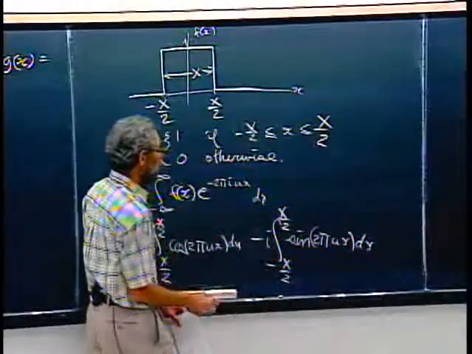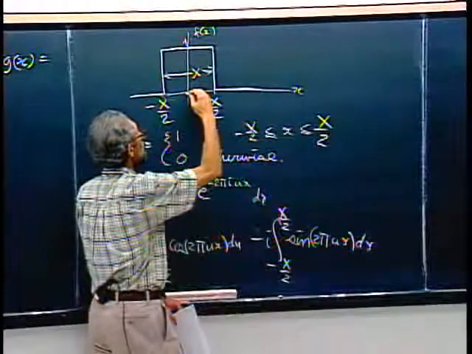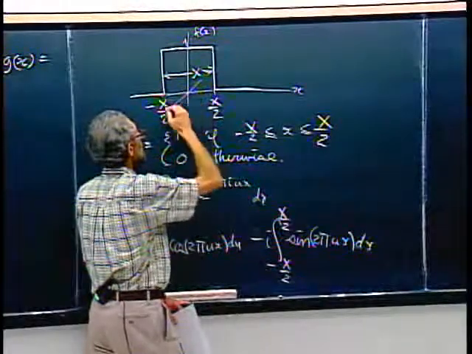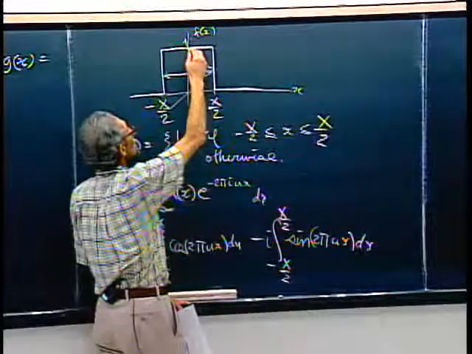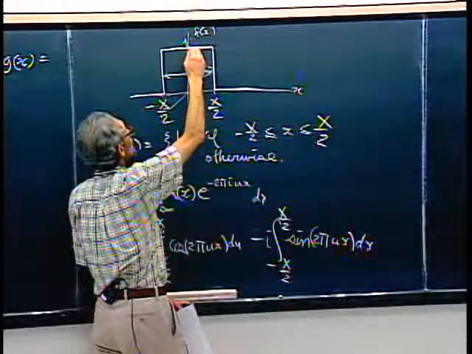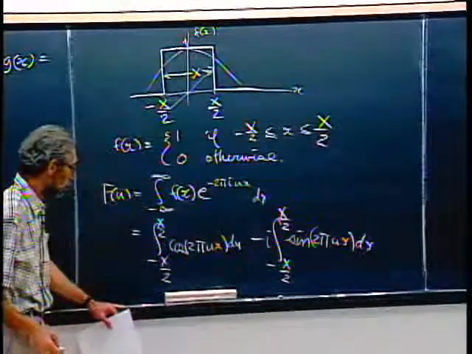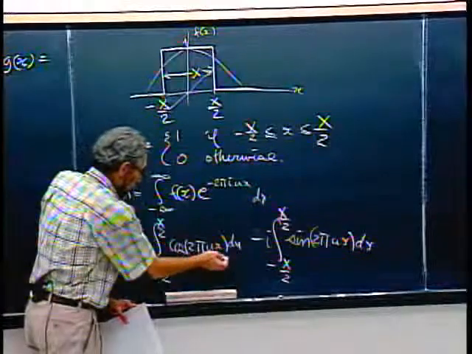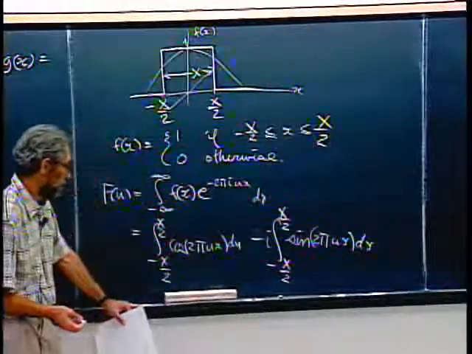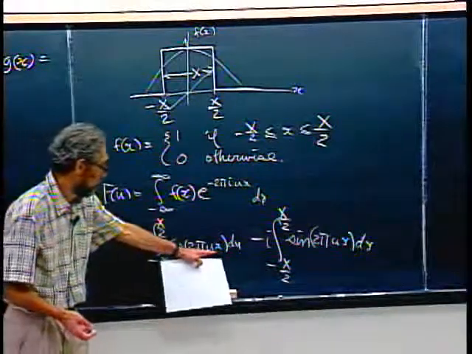And this one is going to be 0, because sine is an odd function. It's negative here and positive there. But cosine is an even function. And so we're actually going to get something for that integral. And basically what I have to do is find out what is the function whose derivative is cosine 2 pi ux.